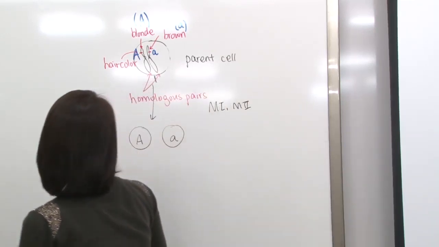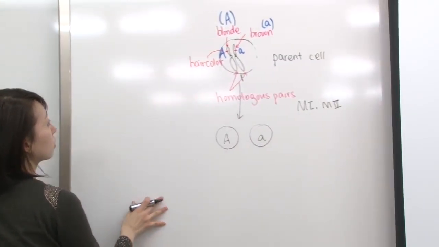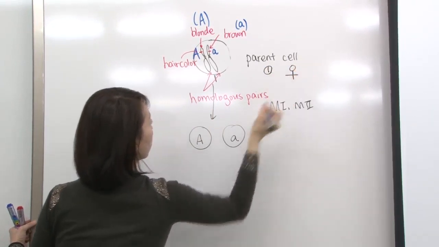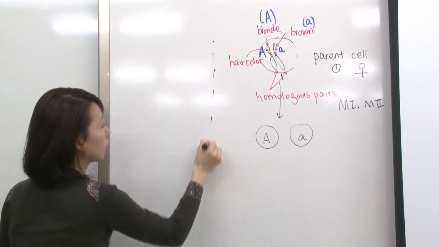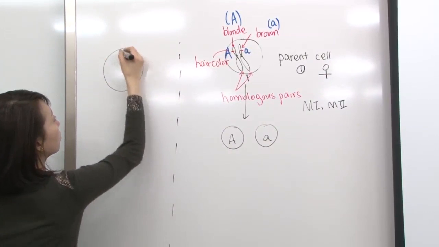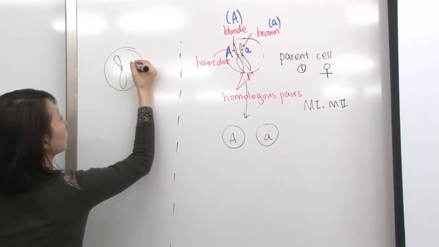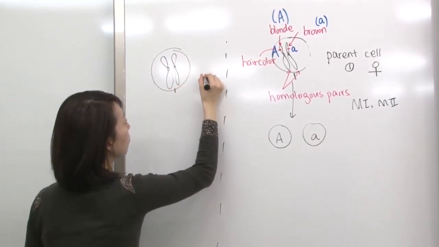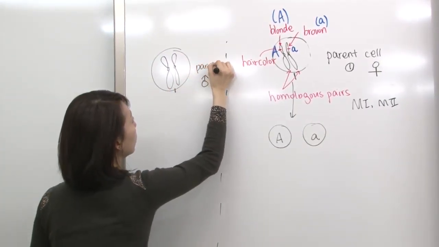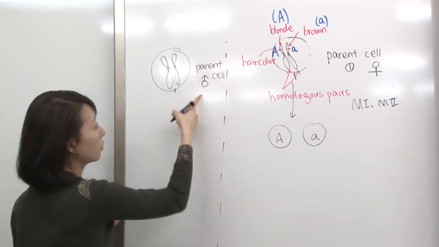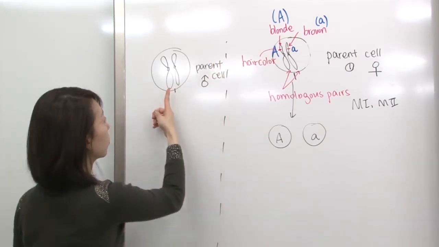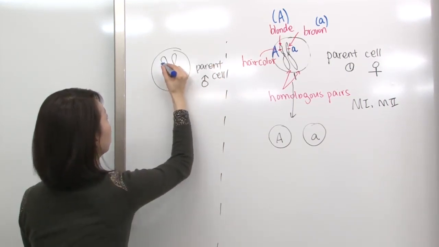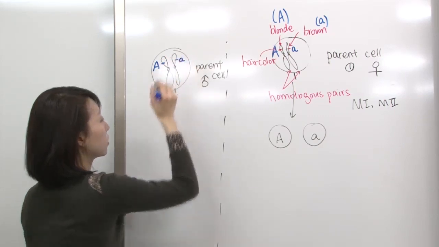Then these two gametes will fertilize with another parent cell. So this is parent cell 1, let's say female, and there's another parent cell, this one a male. A different person has the same chromosome number 1, and they have this information at the same location.